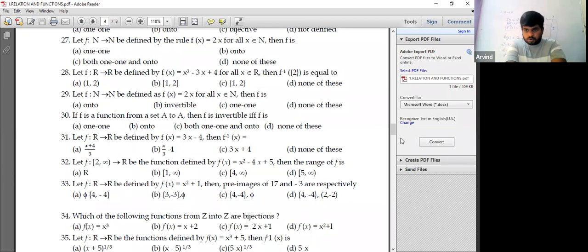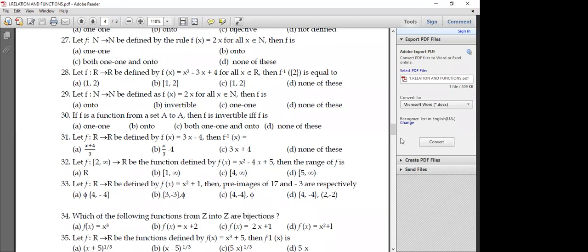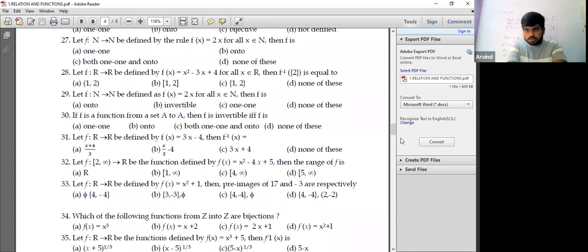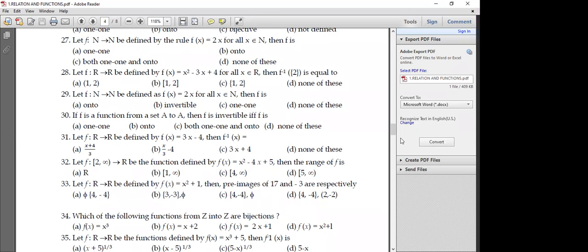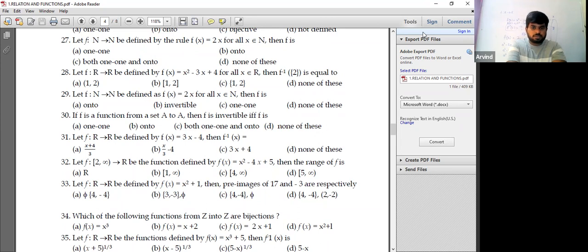What about Ananya? Option C. Bhumika, good. So most of them have given me the answer as option C. I'll give 10 seconds more, then let's discuss.